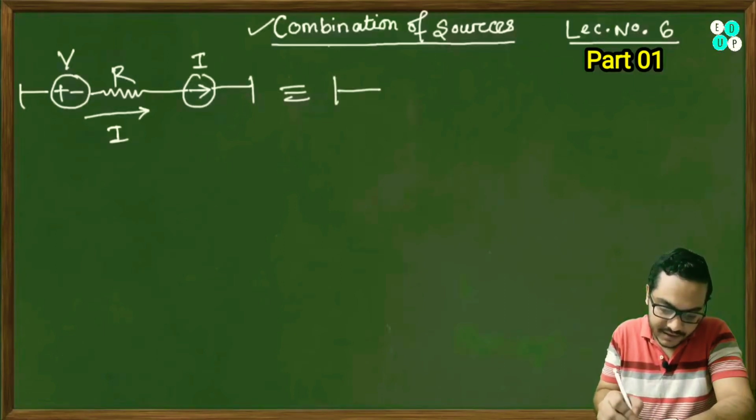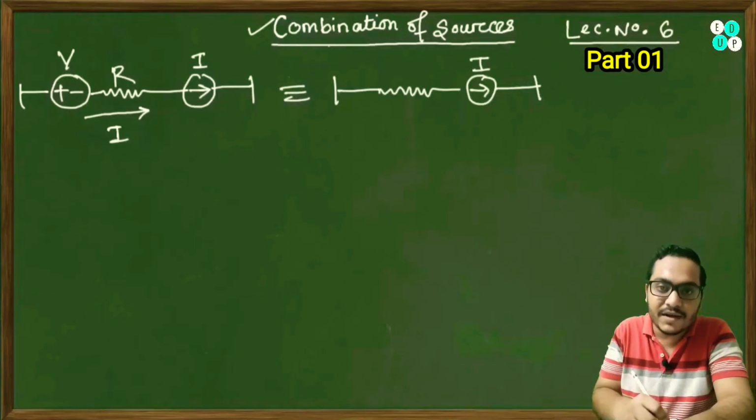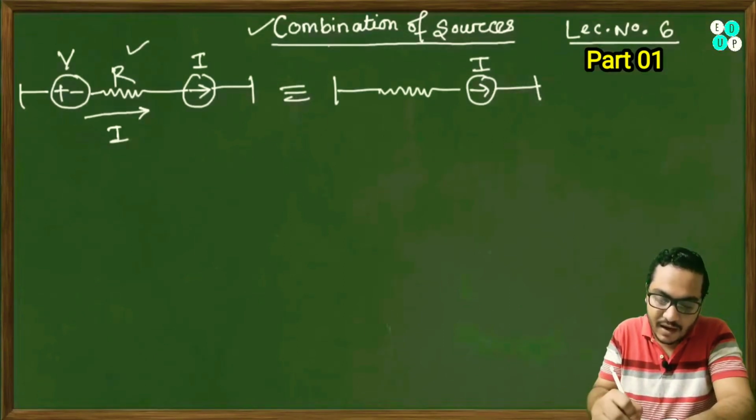So let me redraw the circuit. This is the resistance and this is the current source. So this combination of sources can now be redrawn into this circuit.